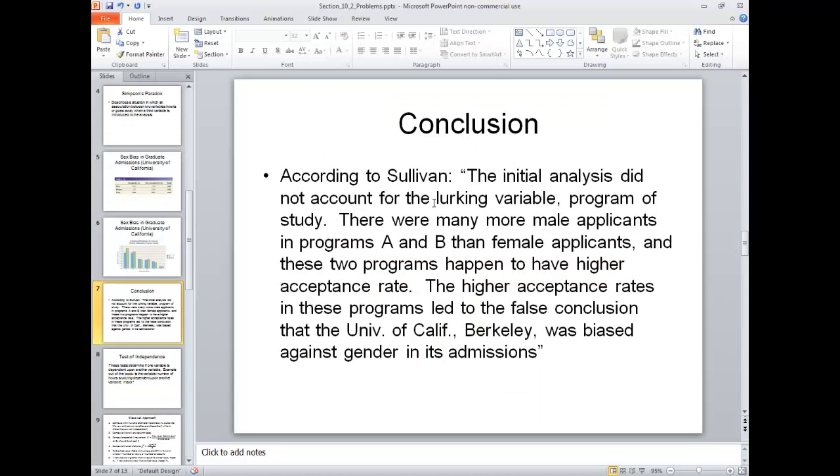The initial analysis did not account for the lurking variable, program of study. There were many more male applicants in programs A and B than female applicants, and these two programs happen to have higher acceptance rates. The higher acceptance rates in these programs led to a false conclusion that the University of California, Berkeley was biased against gender in its admissions.